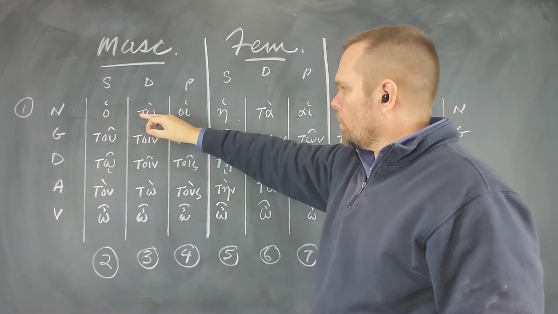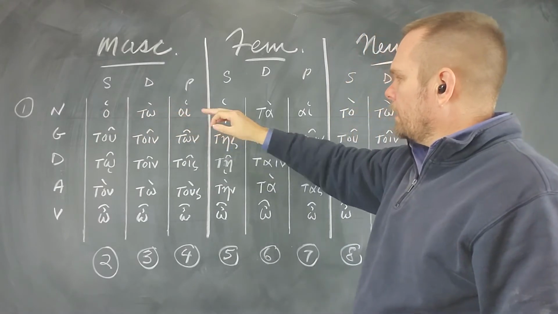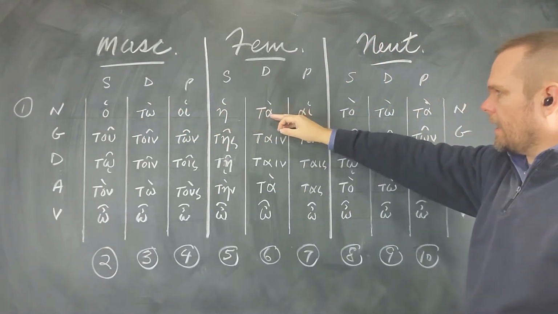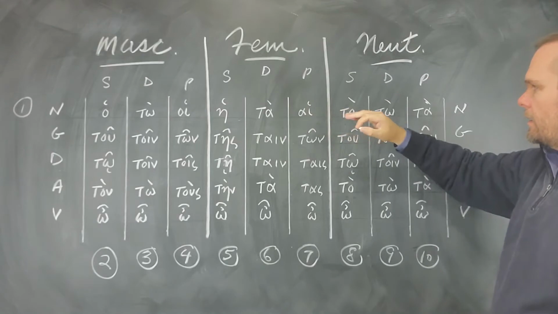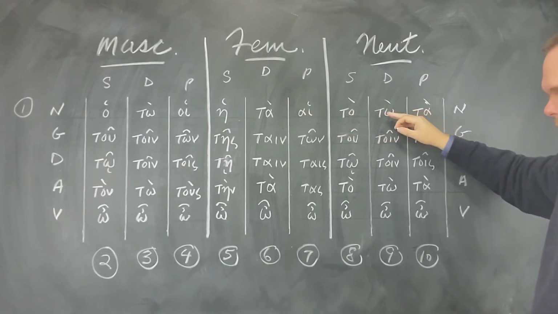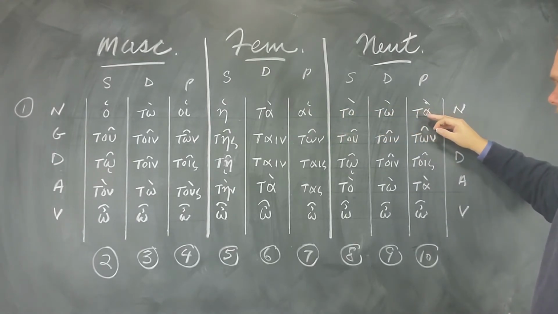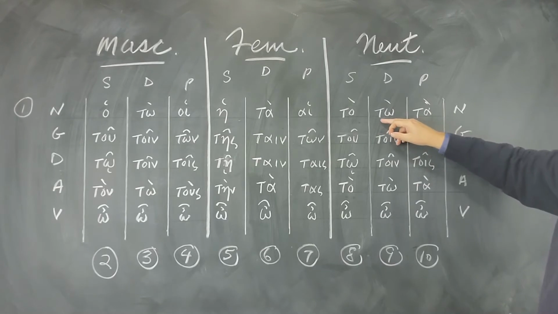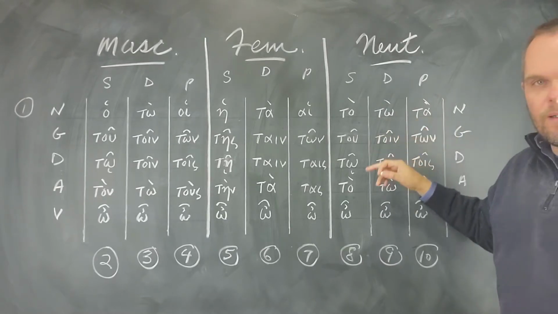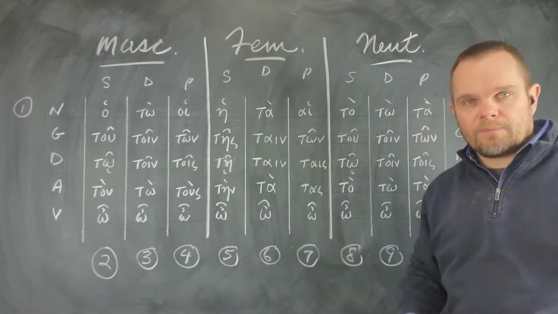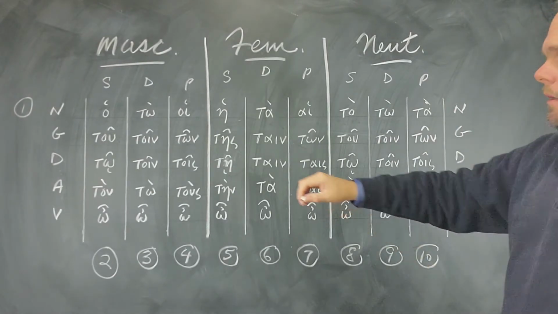Ho, to, hoi, he, ta, hai, to, to, ta. And I recommend you exaggerate this omega a little bit for the sake of memorization and spelling.